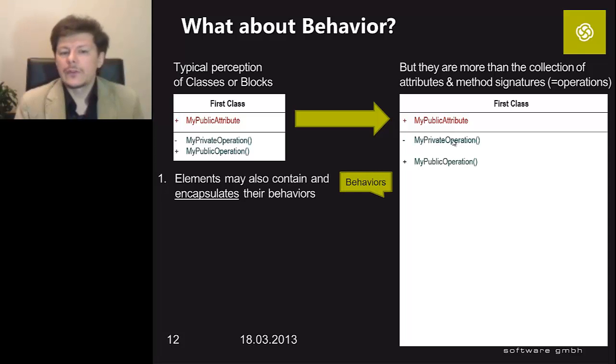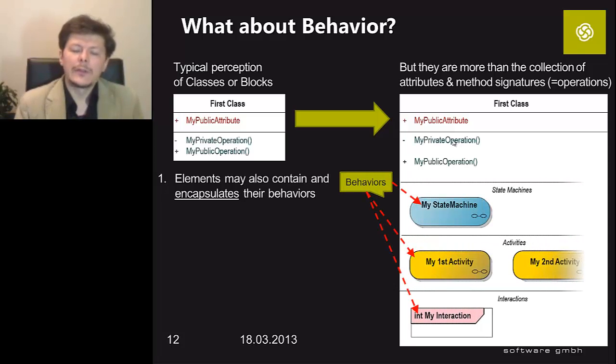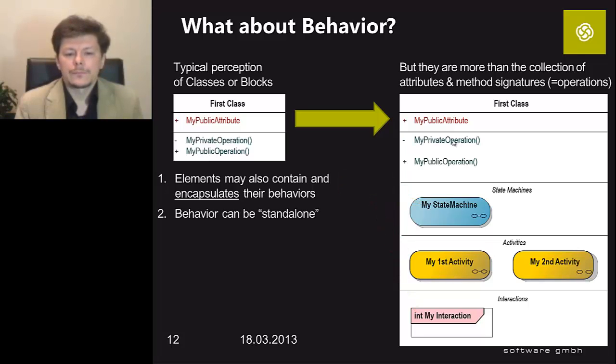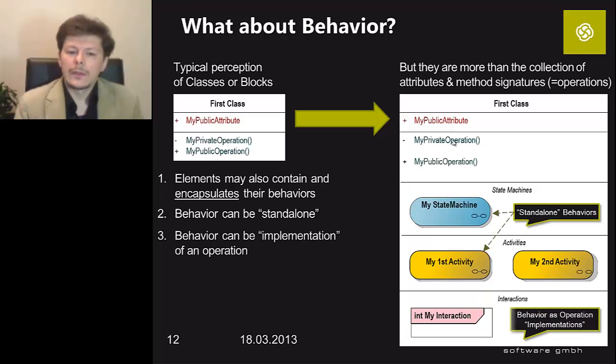An element may contain and encapsulate behavior. And the behavior could be modeled using state machines, activities, and interactions using, again, sequence diagrams. The behavior can be standalone, can be instantiated by itself, or it can be the implementation of the operations.